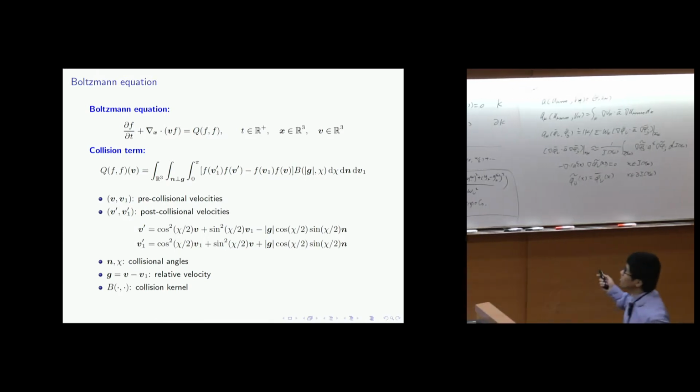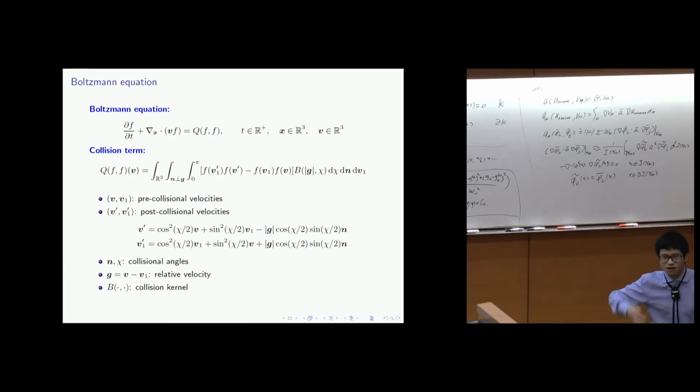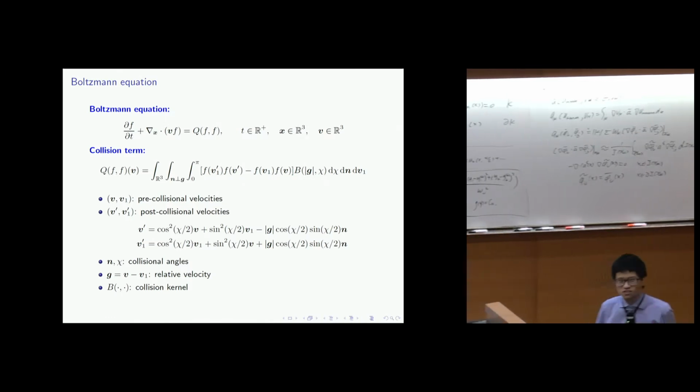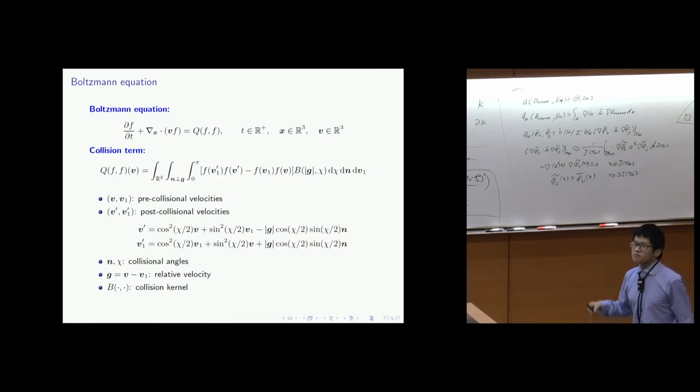So the computational cost is actually something like n to the power of 8, because v itself is already in a 3-dimensional space. And this is just for the right-hand side. You still have another variable x. This will give you another n to the power of 3, so the total computational cost is really huge for this Boltzmann equation. Until now, the simulation of this Boltzmann equation is still a very difficult problem. It's very challenging.